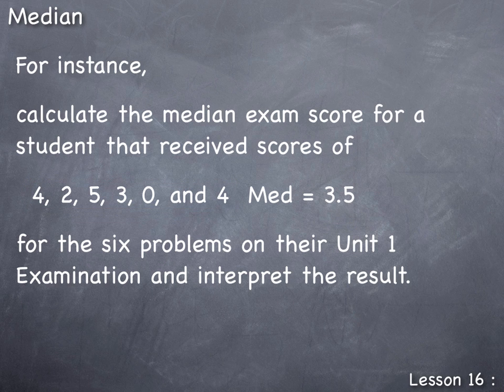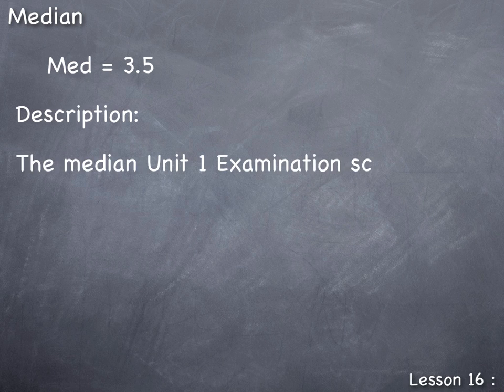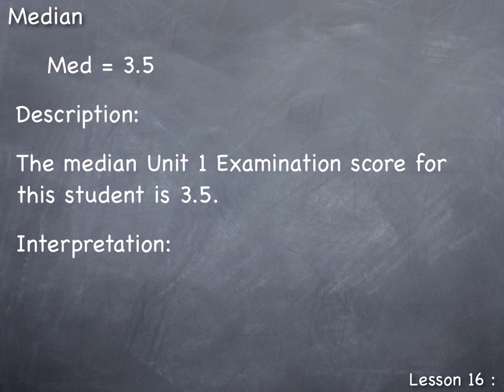So, now that we have the median calculated, we can say the description. The median Unit 1 examination score for this student is 3.5. But descriptions just merely use words to report the result directly from the data. In this instance, we wanted an interpretation. An interpretation gives us more than just a description.